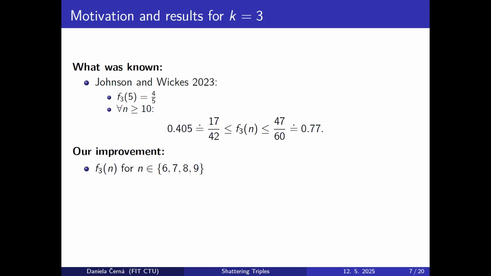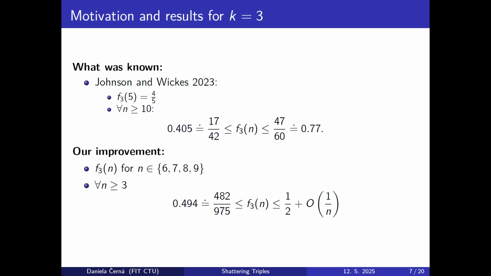So we looked at the values of f_3(n) for small n's. So we were able to find the values for numbers from 6 to 9, my bad. And also we found lower and upper bounds. The upper bound was found using flag algebras, and it's interesting in the limit.